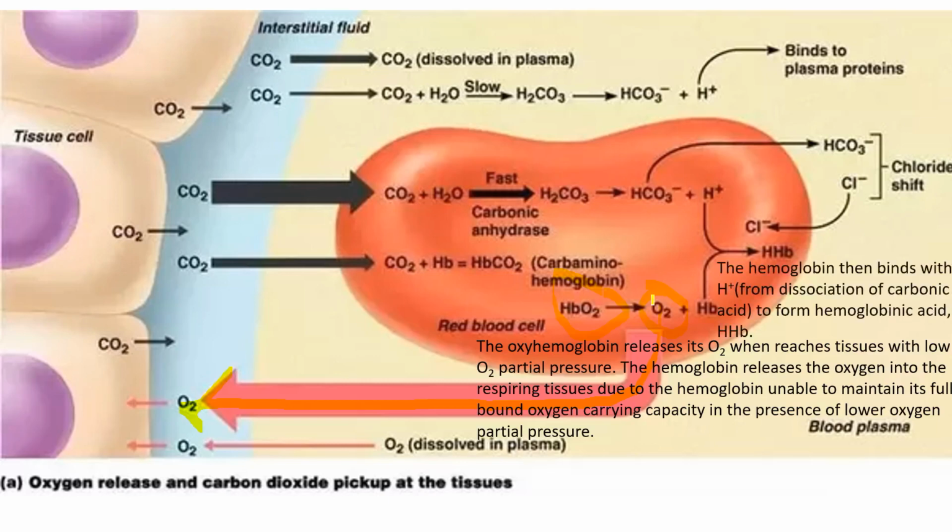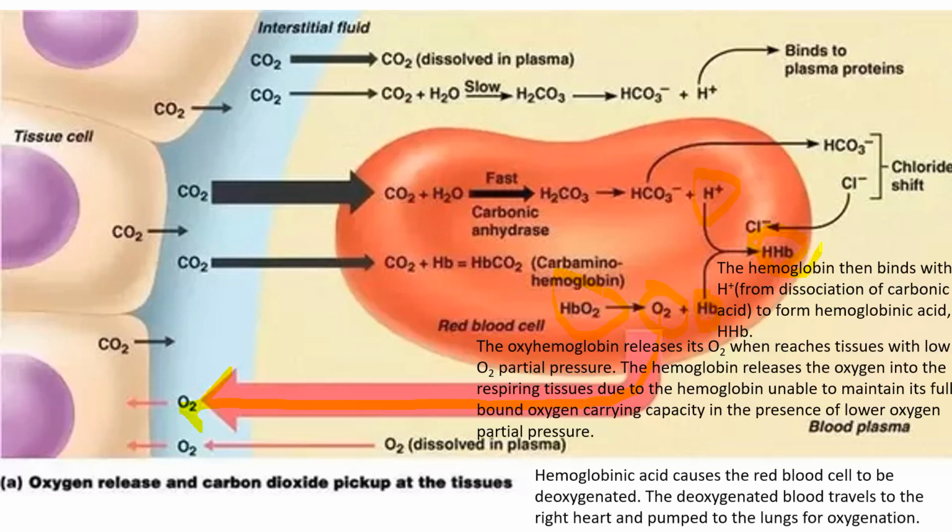Now the hemoglobin from the dissociation of the oxyhemoglobin earlier, into oxygen and hemoglobin, will bind with hydrogen ions from the dissociation of carbonic acid to form hemoglobinic acid, as you can see from here, HHb.